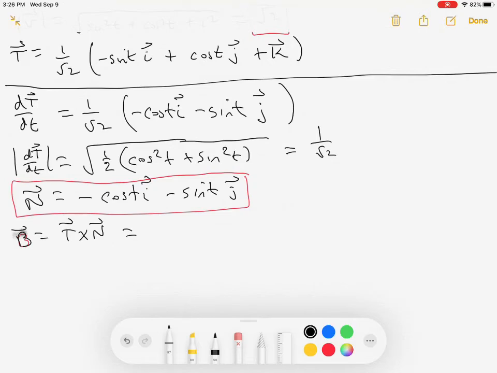which is, let's see here, i, j, k. Now we're going to do the determinant.